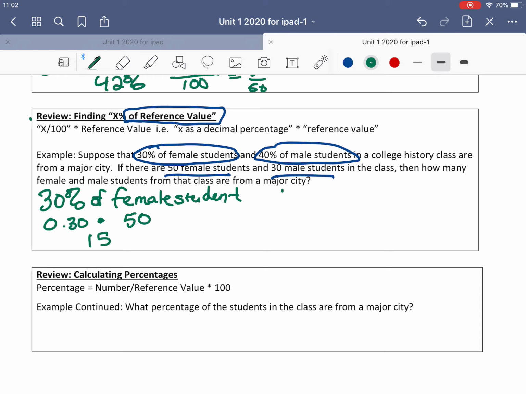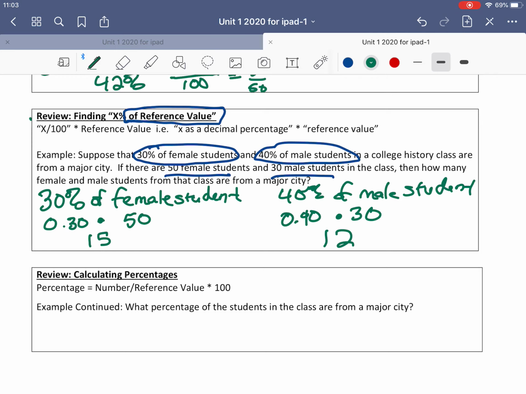Other value we've been given is 40% of male students. And again, I'm just going to, from the problem, replace each of these with equivalent values. So 40% is 0.40. Of is times, and male students is 30. Now, you may have some kind of crazy percentage button on a calculator if you're using a weird one.